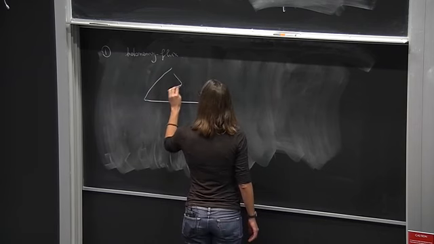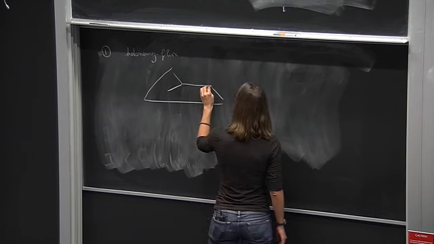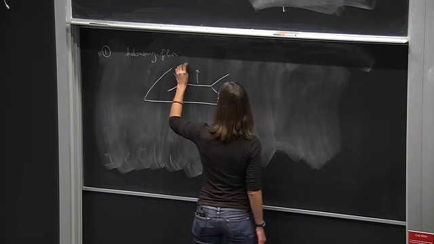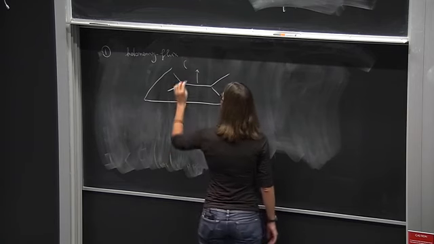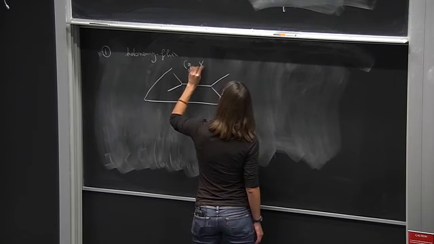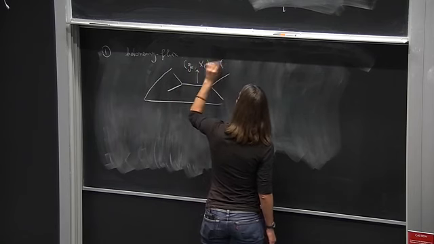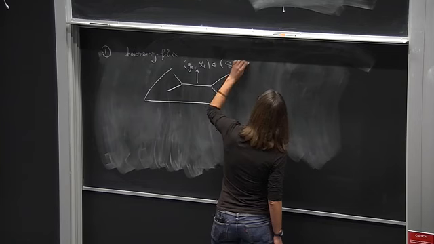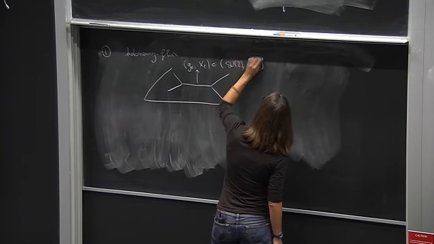So now I'm considering graphs. I'm doing a very simple one, and to each link of this graph, I have a couple of variables, so a holonomy and a flux. The holonomy is an SU2 group element, and the flux can be seen as an SU2 Lie algebra element.